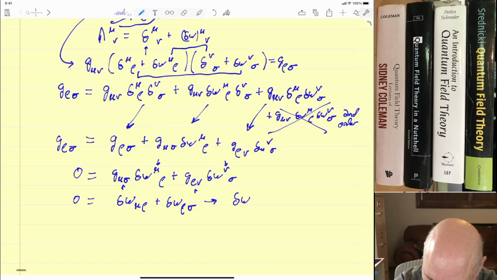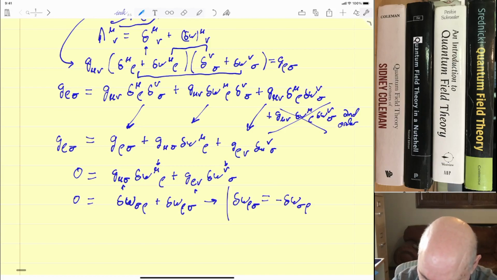Okay. Should be sigma. So this implies del omega rho sigma is equal to minus del omega sigma rho.